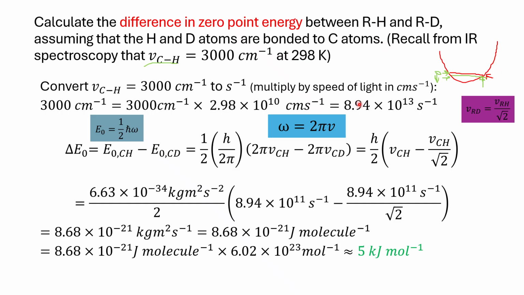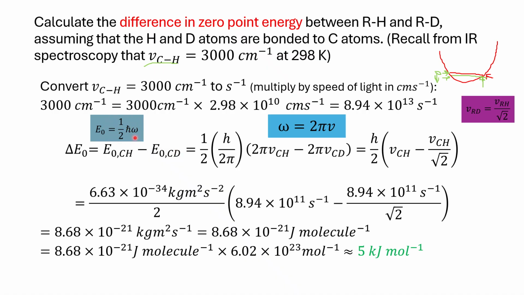So what is the energy difference here? It can be found by finding the difference between the zero-point energy for the RH molecule and the RD molecule. These are the zero-point energies for each molecule. The value of this energy can be obtained using the equation here.